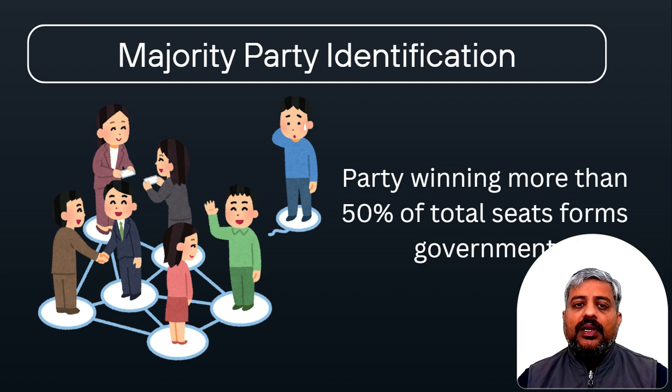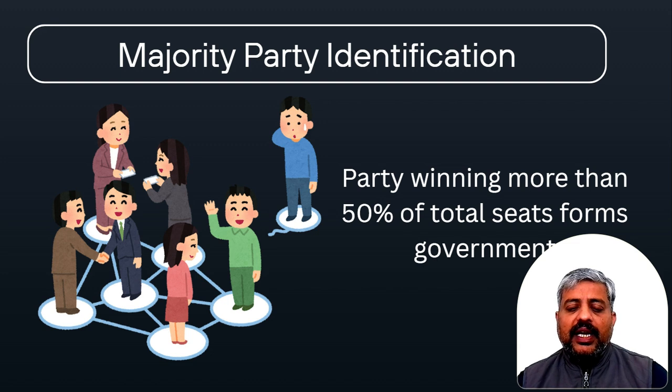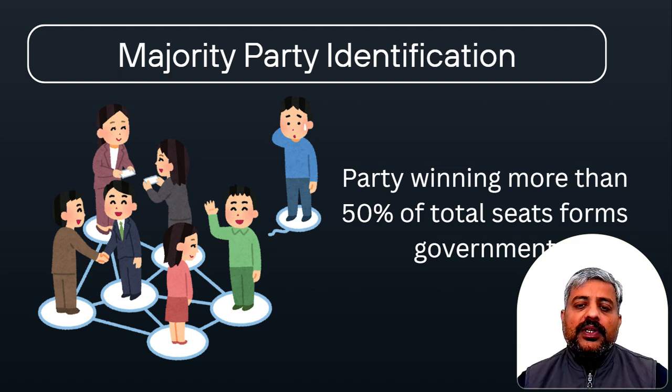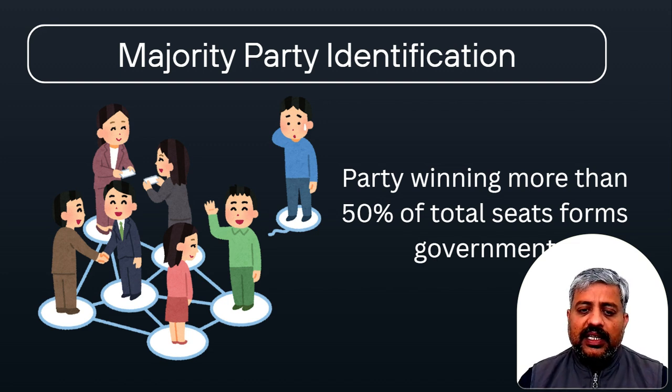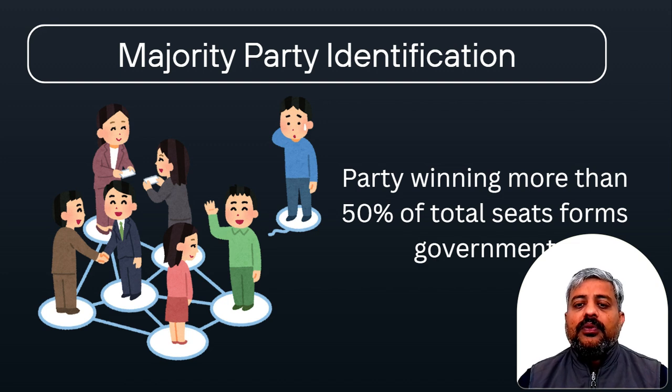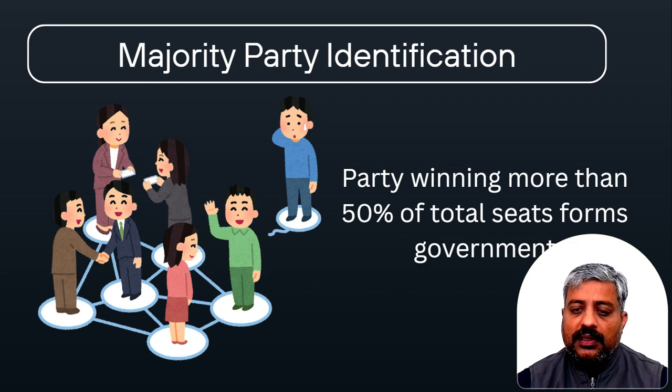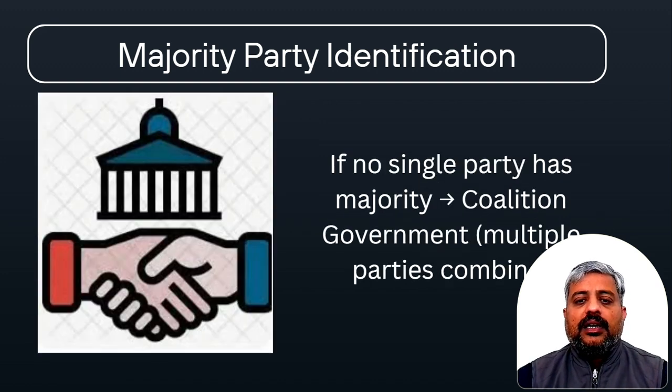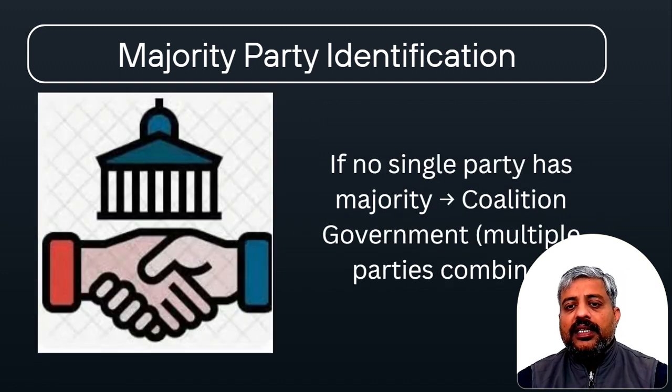Then only it will be known as a majority. And likewise, from the whole country, the winning persons form a winning political party. So this is how the government forms. Directly or indirectly, the number of representatives who win have the majority to form the government.